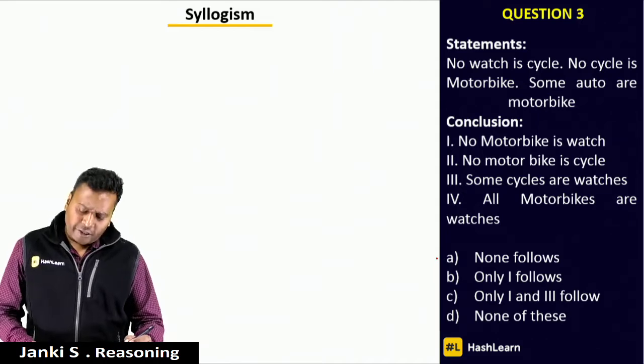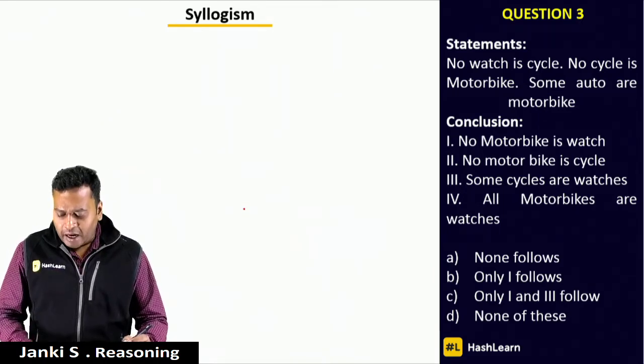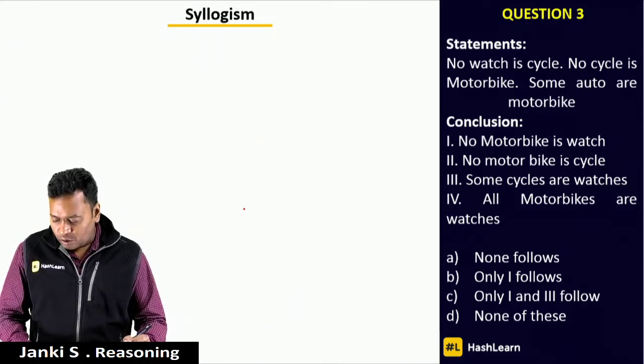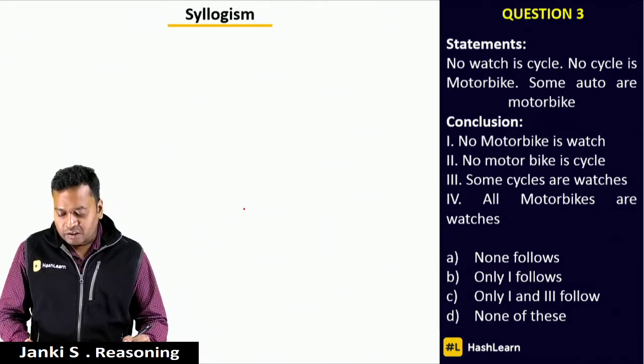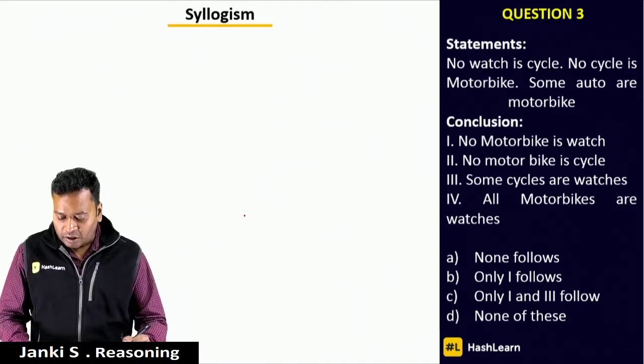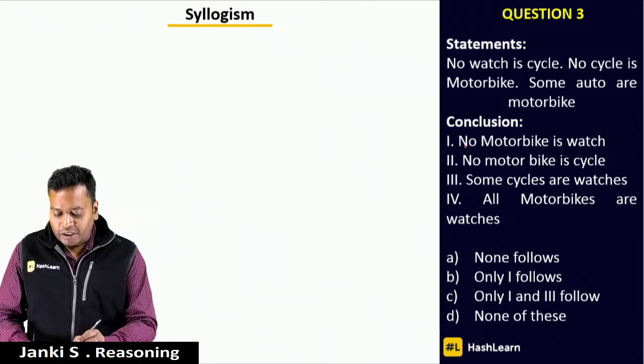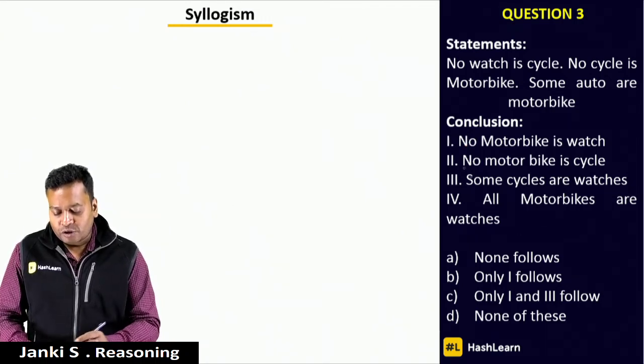What was the condition for no? No was nothing but basically no conclusion. And some autos are motorbike, right? So now some autos are motorbike. That means some no is there. I can have the combination as some not, right? So now here you can directly find out. First one is no motorbike is watch, right?